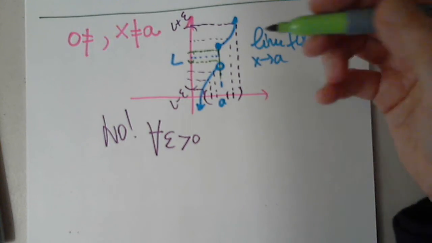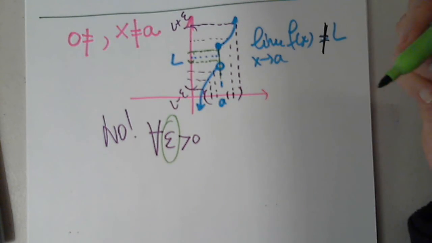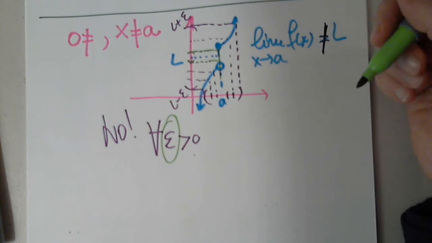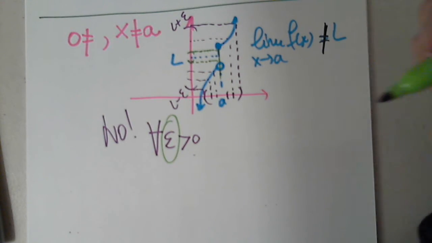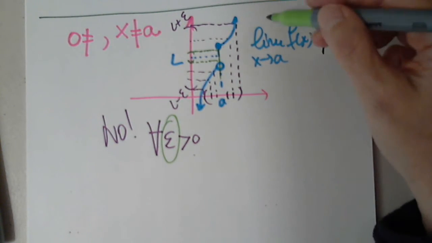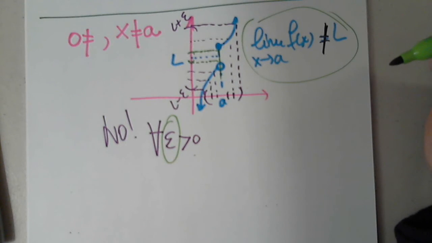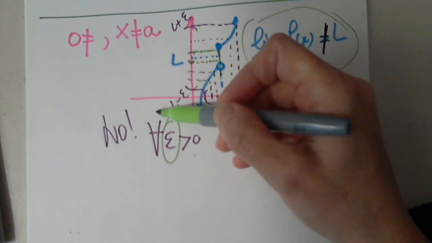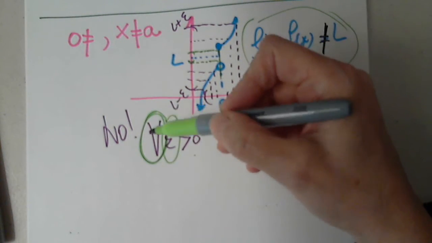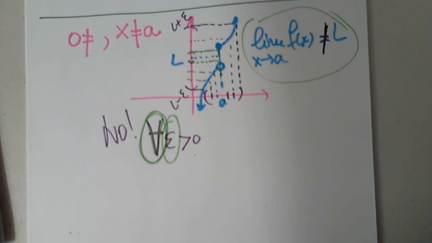So I have to be able to show you for every epsilon. Small, big, medium, it doesn't matter. But I cannot show you for all epsilon because the limit does not exist. So this is a key element: for every epsilon greater than 0.